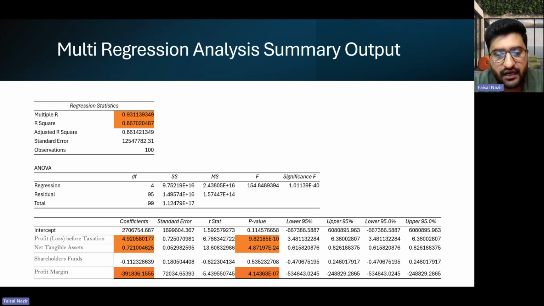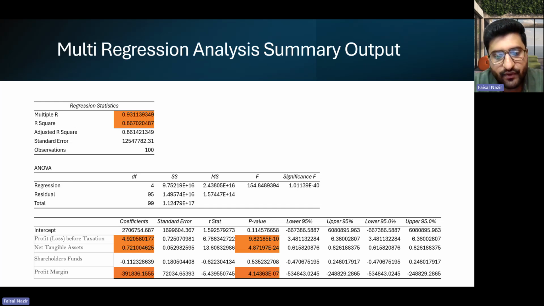So the profit margin: the coefficient for the profit margin is 391,836.16, suggesting an inverse relationship with turnover, meaning that for each unit increase in profit margin, turnover decreases by approximately 391,836 units.